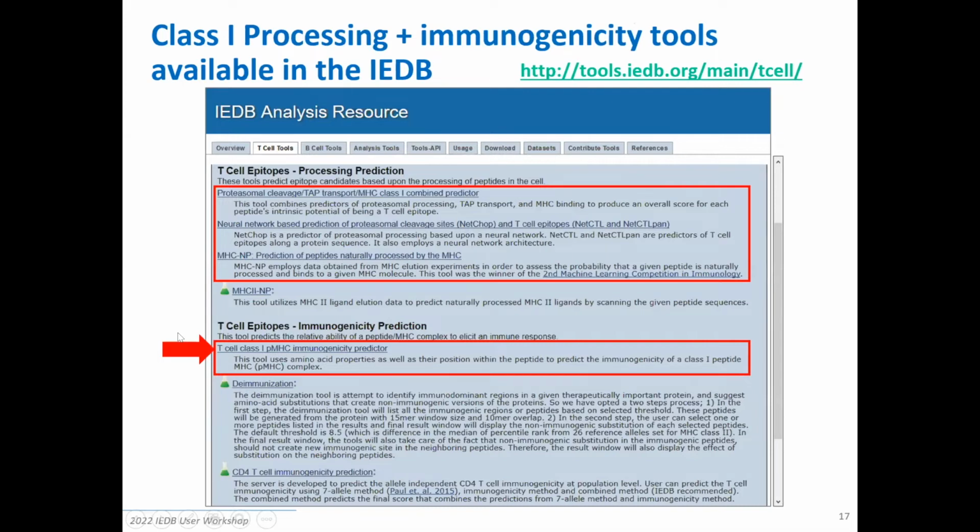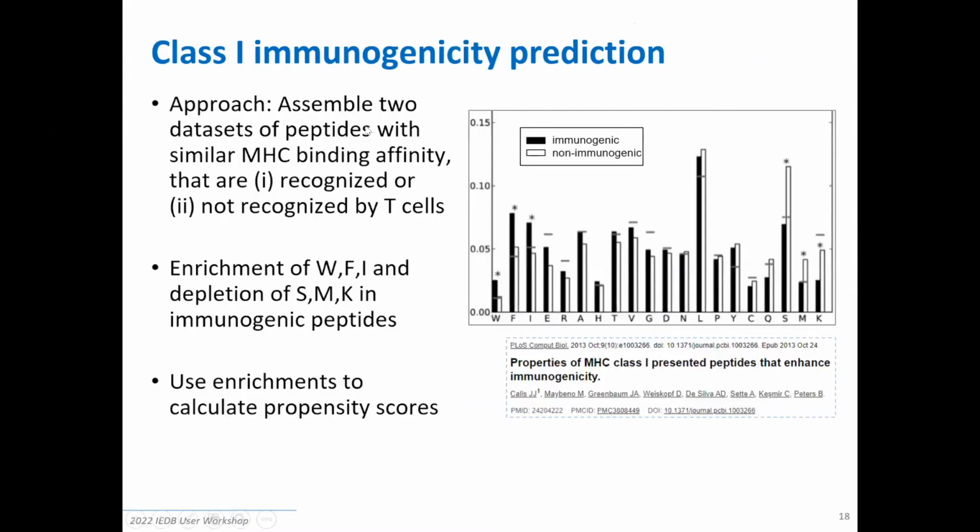Here, the immunogenicity predictions now deal with the part of the peptide being recognized by a T-cell receptor. And so there we have done an analysis of looking for data sets in which peptides with similar peptide binding affinity were tested if they were recognized or not recognized by T-cells. Recognized means it's an immunogenic peptide, or not recognized, it's not immunogenic.